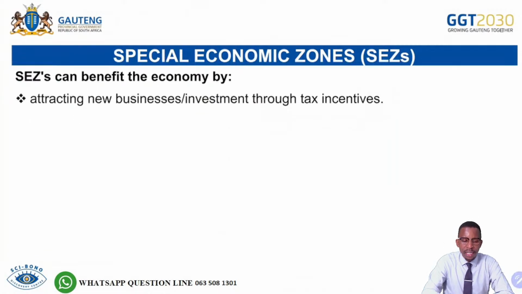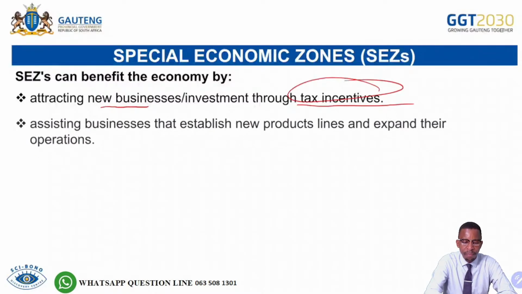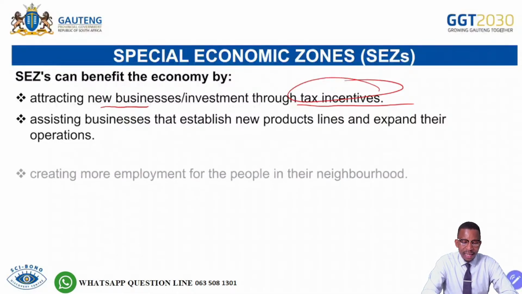So SEZ can benefit the economy by attracting new businesses or investment through tax incentive, because there are more tax incentives or benefit given to those businesses. Assisting businesses that establish new product lines and expand their operations. So those businesses that are supported by SEZ will be able to improve their products now and then.